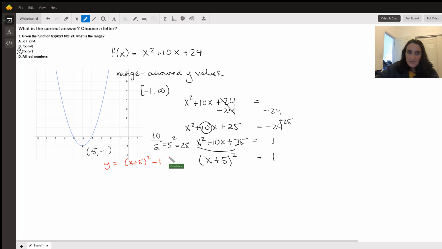My vertex would be at, oh, I'm sorry, this should be a -5. My vertex should be at (-5, -1). Then because this is positive, we know that we're going to go from -1 up to infinity for the range.